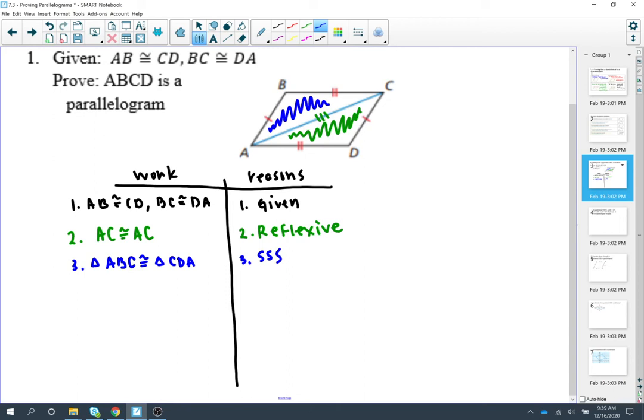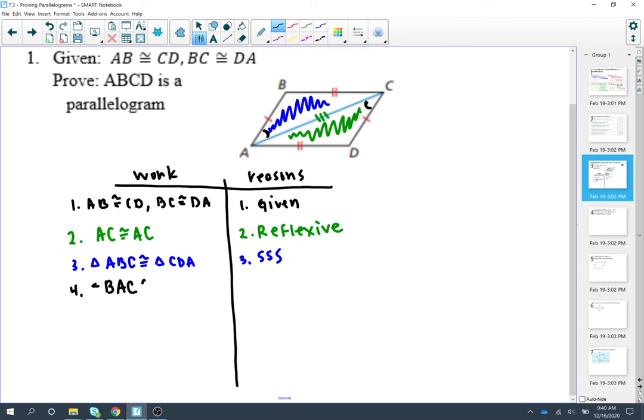Now, once I know triangles are congruent, then I know all their pieces are congruent. The sides are congruent, the angles are congruent, everything's congruent. So I'm first going to look at this little angle tucked in here near A, and this little angle tucked in here near C. And I'm going to say that angle BAC, that's B to A to C. Notice you can't say angle A, because angle A also kind of includes this little piece down here. So you have to give me the 3 letters.